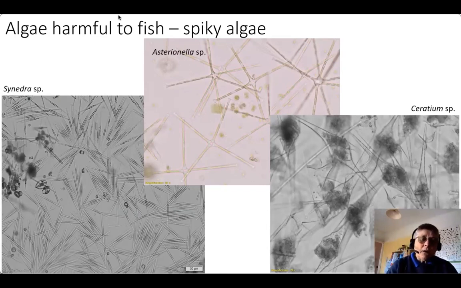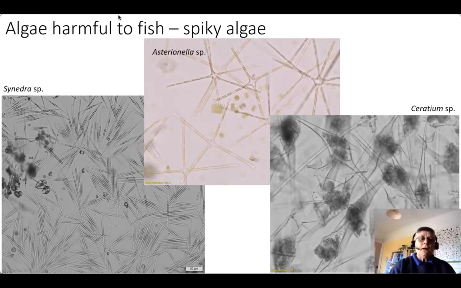These are commonly termed spiky algae. As you can see, they have sharp points on either end, or they have a sharp point. And these tend to affect the gills. What's happening is that poor old fish, as they're breathing in these algae, get their gills scratched. And that leads to quite significant damage to the gills, which are extremely delicate.